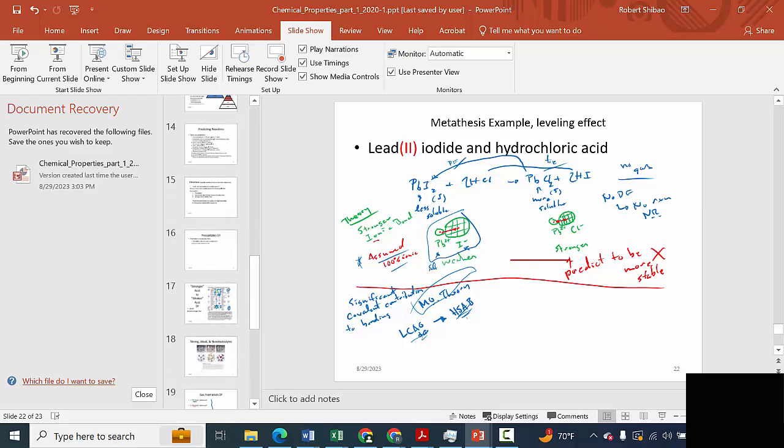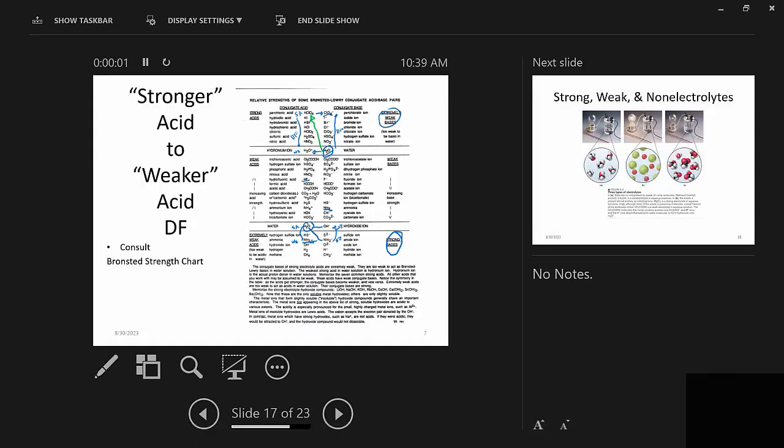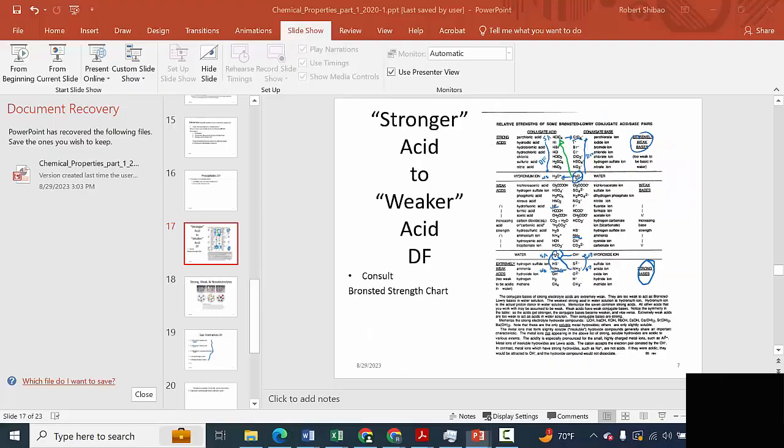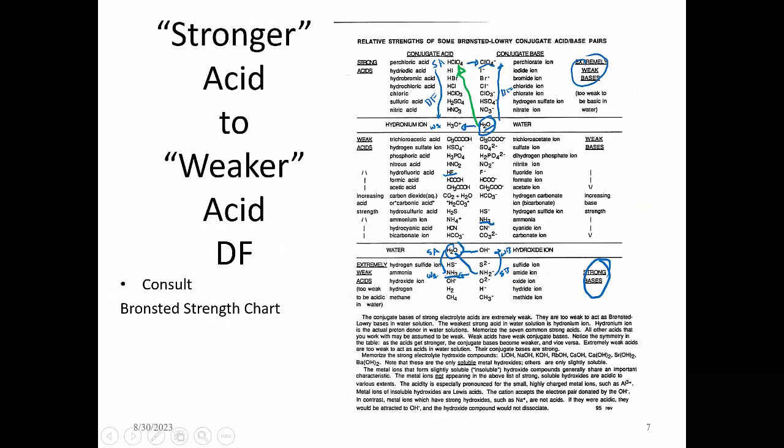I should put the acid slide in this PowerPoint here. Too weak to be basic in water. So for example, chloride.